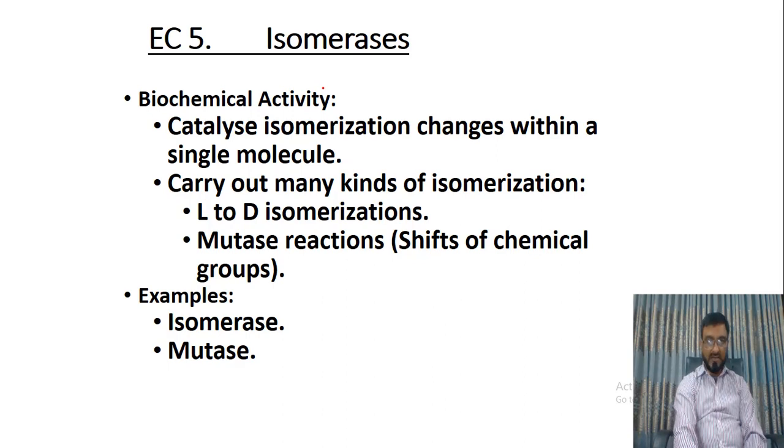One kind of subclass is the mutases. Mutase is an important enzyme belonging to the class of the isomerase, doing isomerization reactions. In the mutase reaction there is a shift of chemical groups. These subclasses, isomerases and mutases, all function on isomers.